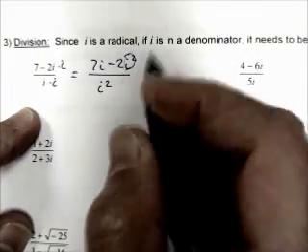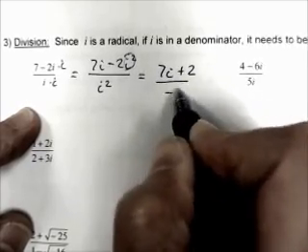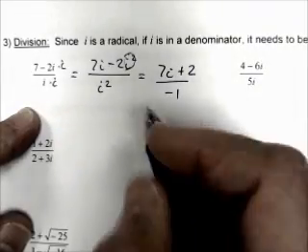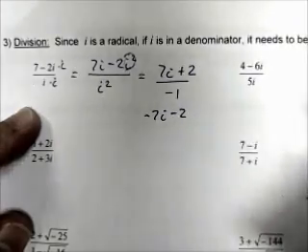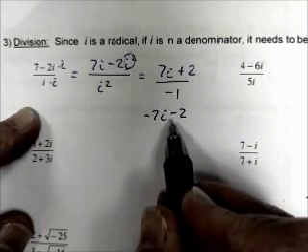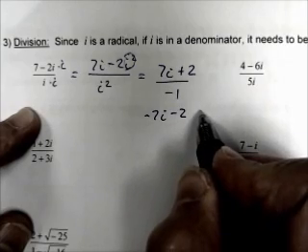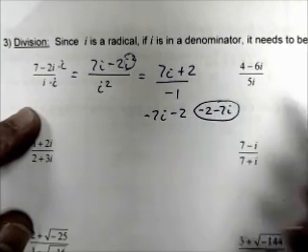This is going to be plus 2. So this is 7i plus 2 over negative 1. If I divide each by negative 1, we get negative 7i minus 2. And it's just customary and standard to write the real number portion first. So I'll change this to negative 2 minus 7i as our answer.